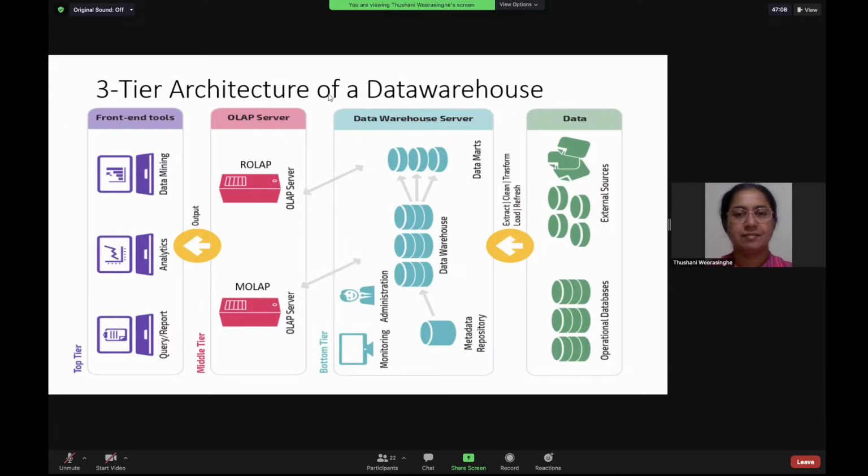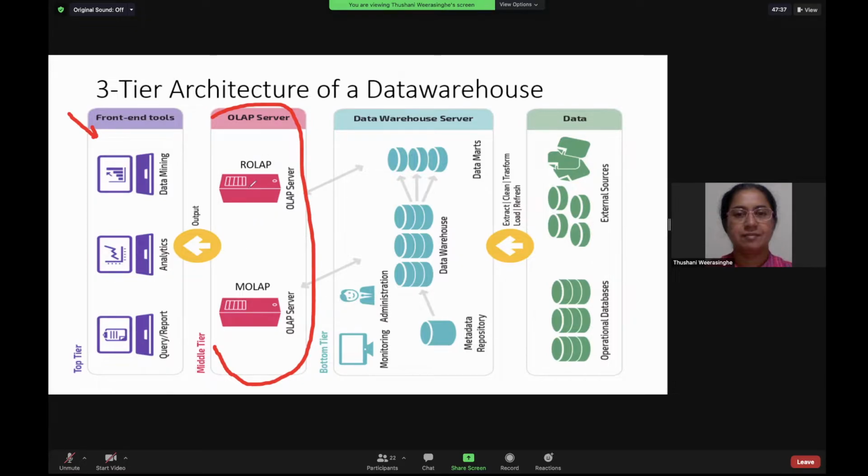All right, here you can see the application layer, so the people are accessing the system front end, and then you have the middle tier, the OLAP server. You can have multidimensional or relational here for the analytical servers.